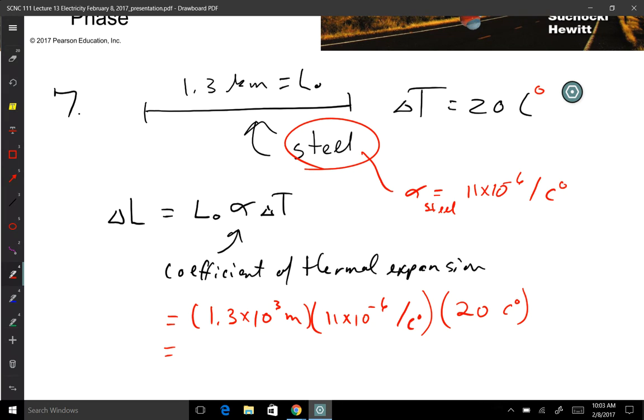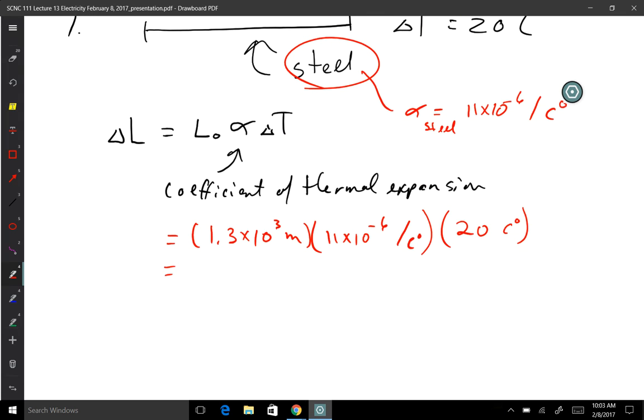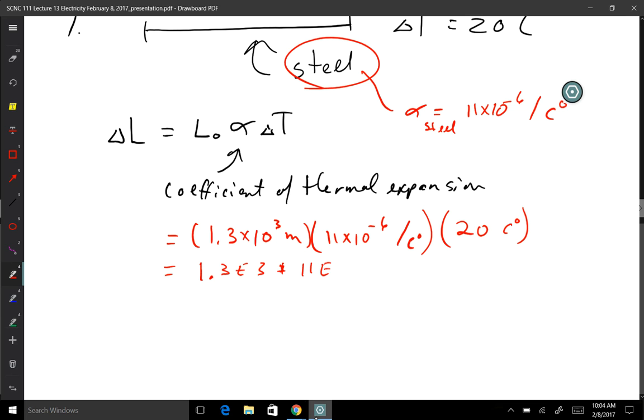But you can't do that on a phone calculator, right? The 10 to the 3. Okay, on any calculator, on your phone calculator, if you turn it sideways, you get more options. And on any calculator, you should enter this as 1.3 E3 times 1 E minus 6 times 20.